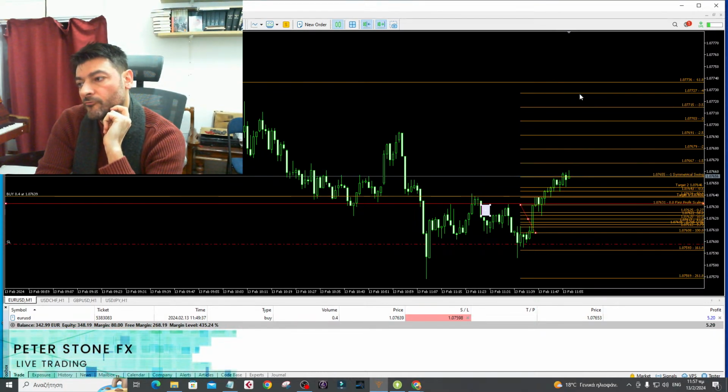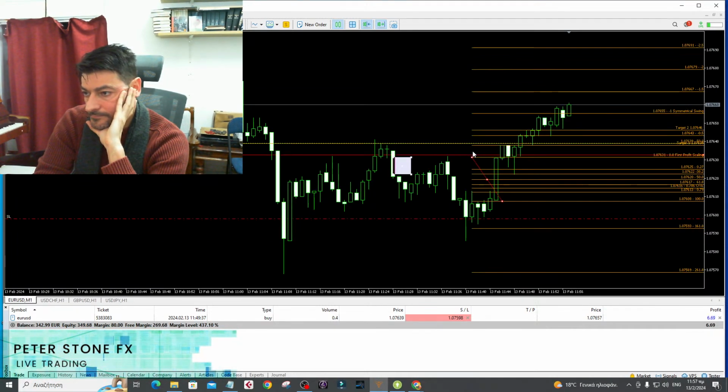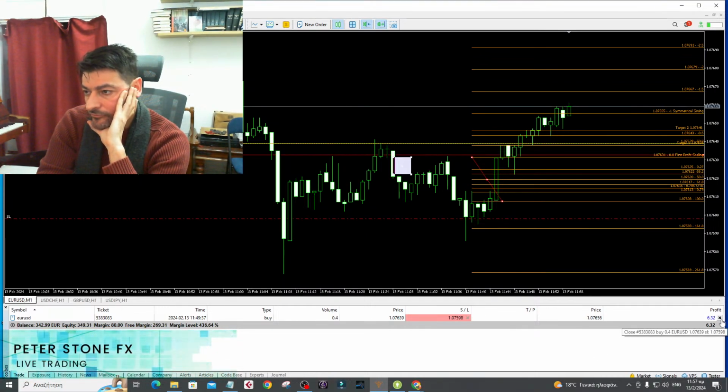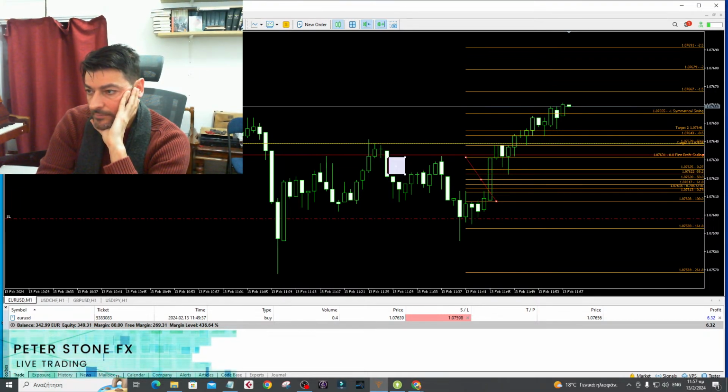For 4.5 standard deviations, you see price going up. So I predicted this move also. Here we have a fair value gap, very strong one.